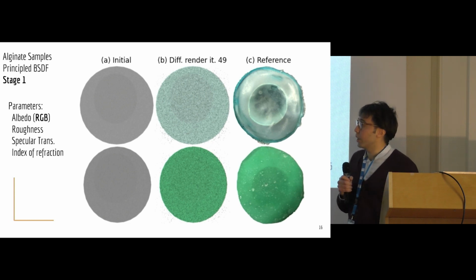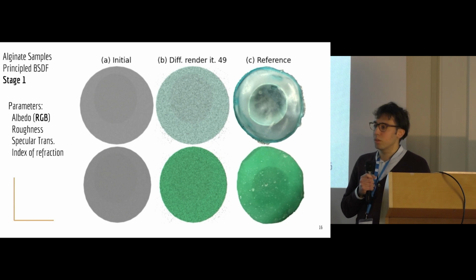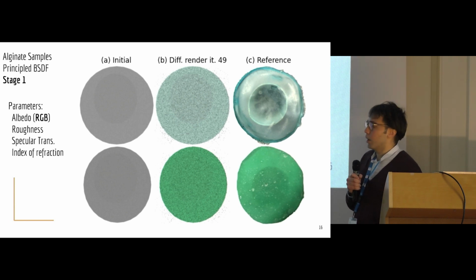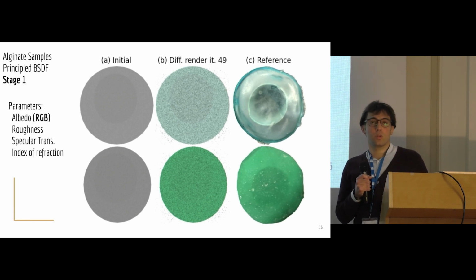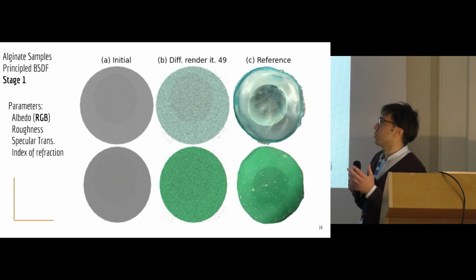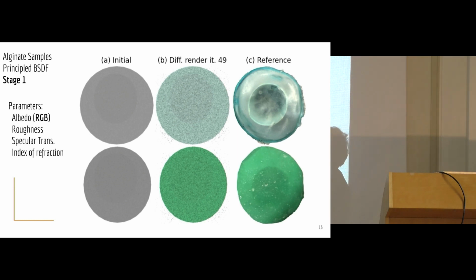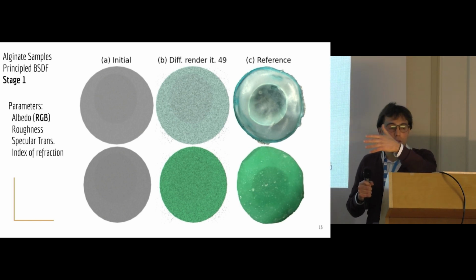For example, index of refraction introduces a lot of discontinuities into the process, and sometimes influences the convergence. That's why in some cases we use two-stage optimization, where we optimize albedo, roughness, specular transmission, and in the second stage we include index of refraction, and it was a smoother process.